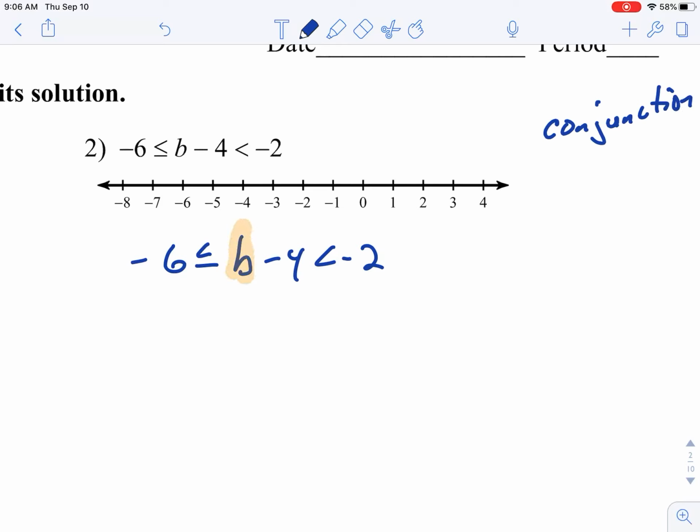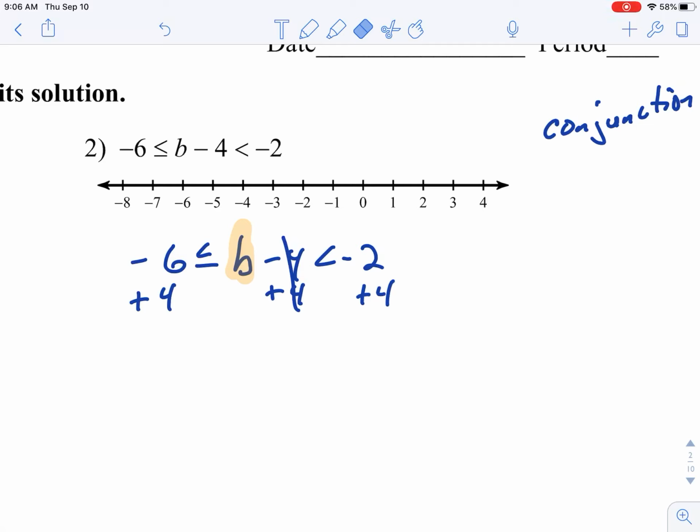So if we want b to be alone, we need to add 4 to cancel that out. Now, when it's written in this form, you just add 4 on both ends. So a normal equation, if you had something like this and you put down a random number, you would add 4 to both sides of the equal sign. Well, there's not both sides of an equal sign. There's inequality here, and there's like 3 sides.